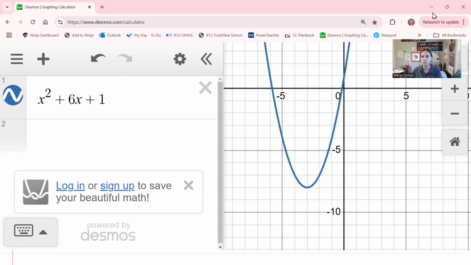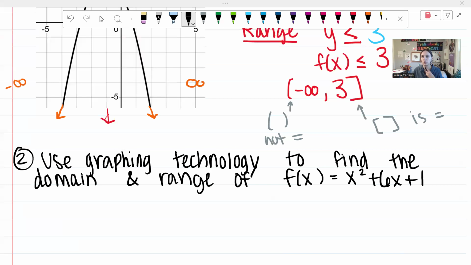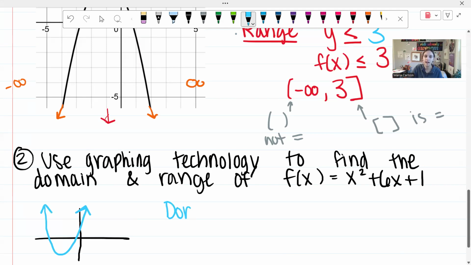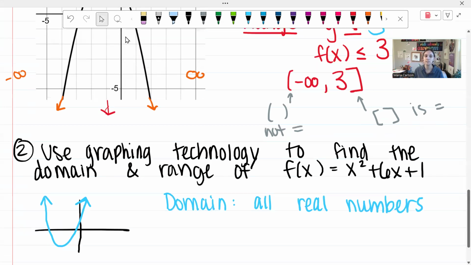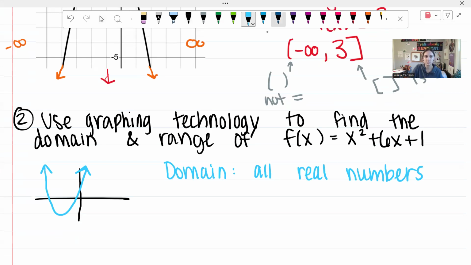But first, I want to make a note that since this graph is going up and to the left and right forever, our domain here has to be all real numbers. But our range is dependent upon what our vertex is. So let's figure out what this vertex is because that then has my minimum value.